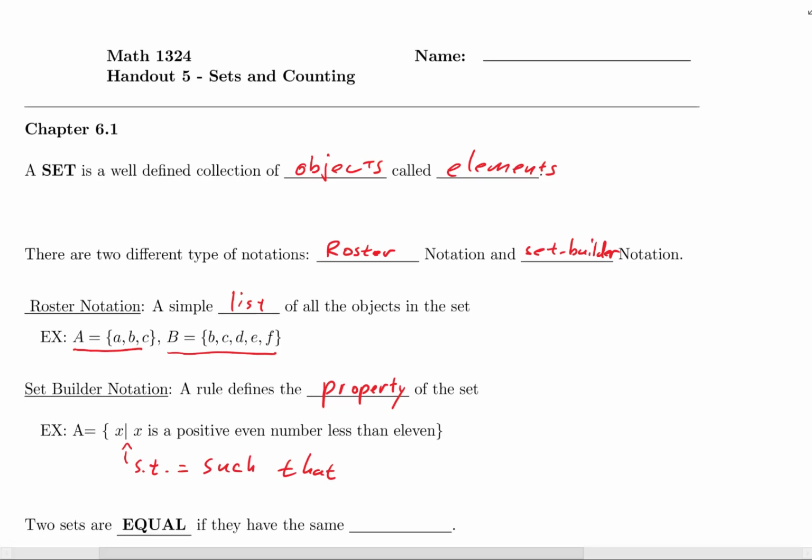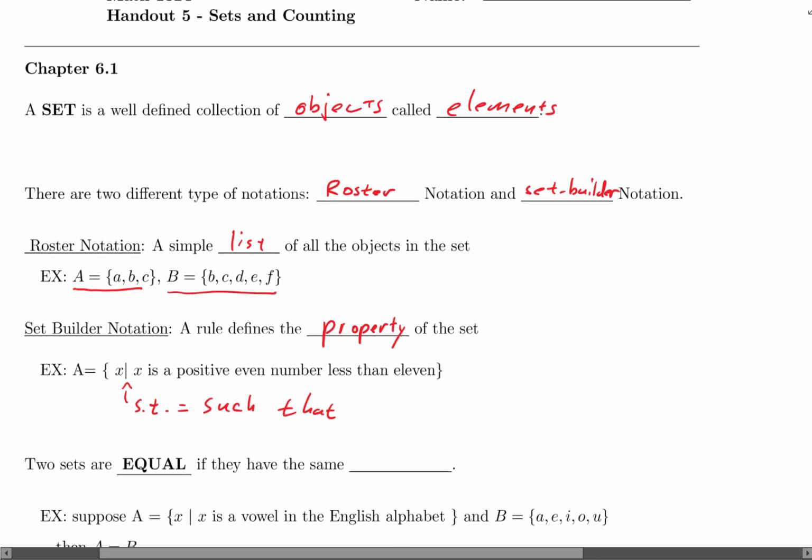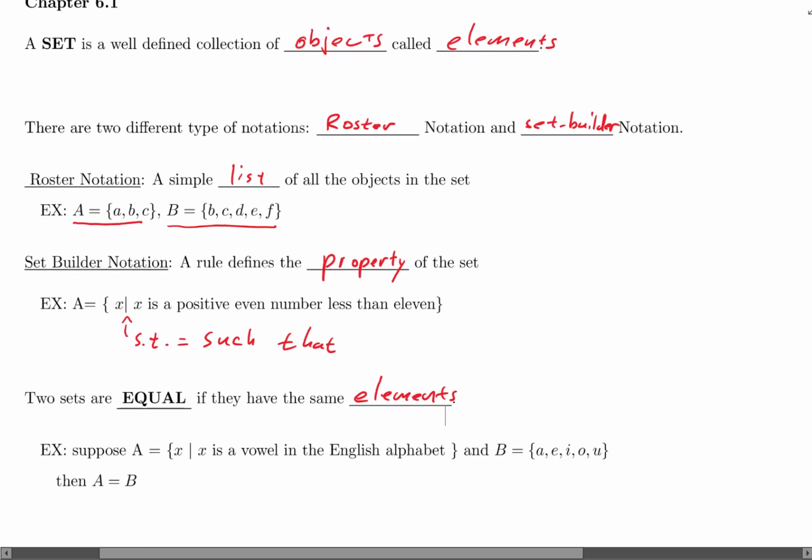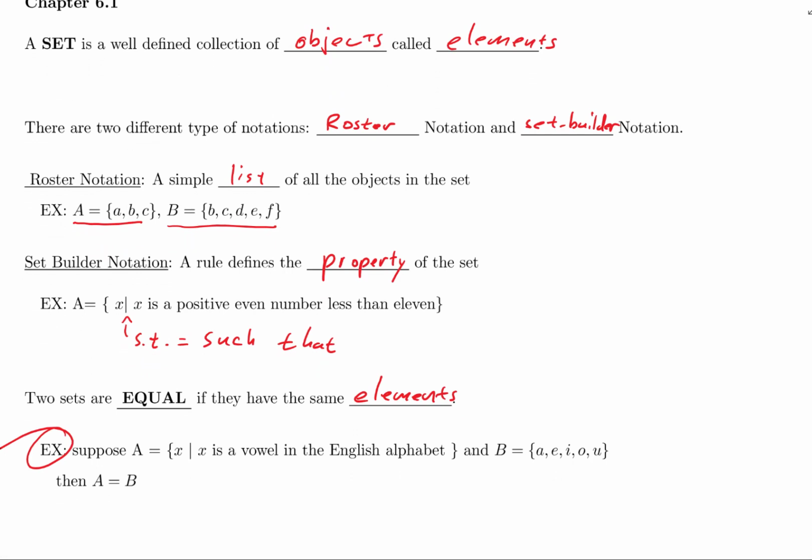Alright, so next, we have two sets are equal if they have the same elements. So in our example right here, suppose set A is X such that X is a vowel in the English alphabet.